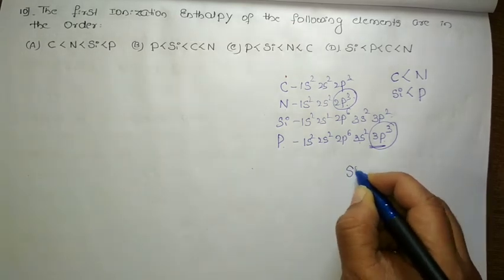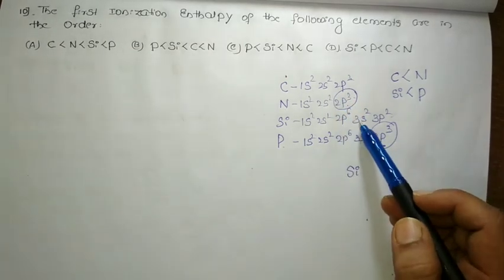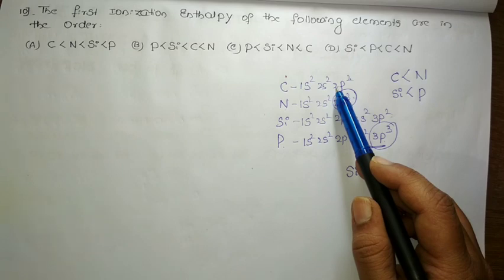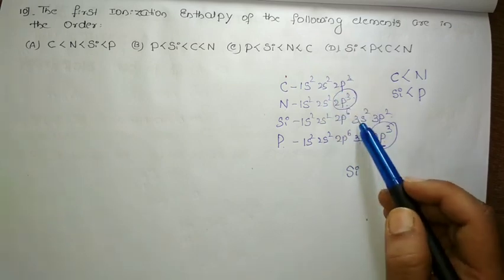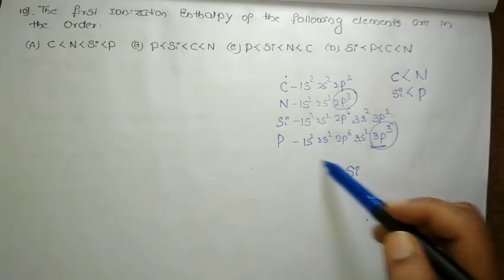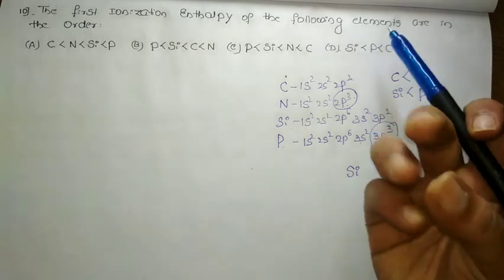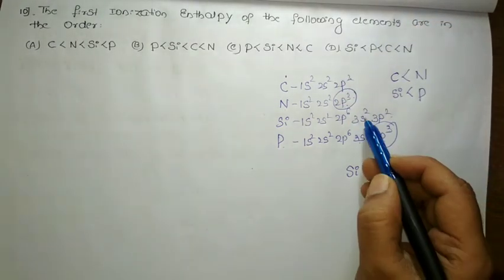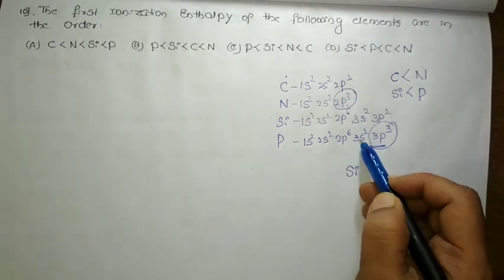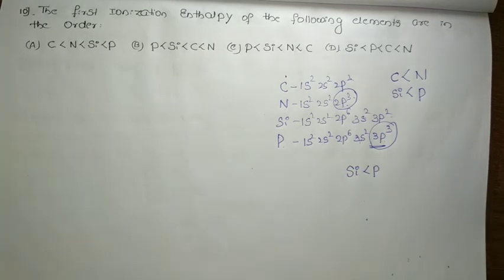Now, among all these 4, which needs very less ionization enthalpy? It is the silicon. Why? You could see here, 3s, here we have a 2 orbital ending, here we have a third orbital, so obviously the size is more here. So compared to these two, it requires less ionization enthalpy because the size is more here. Among these two, the one that needs less is silicon, followed by phosphorus.